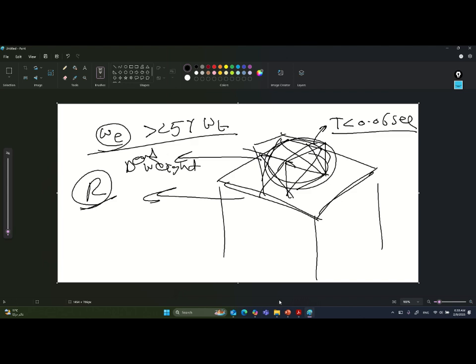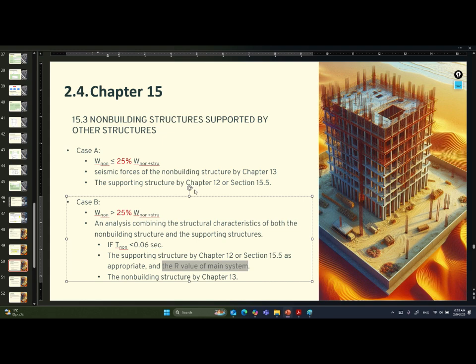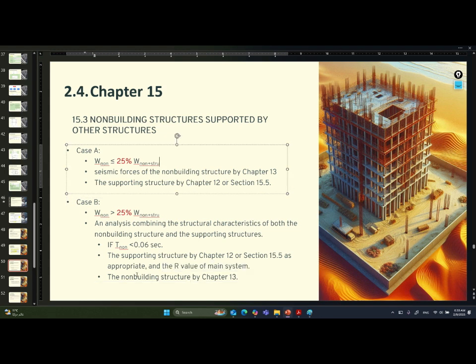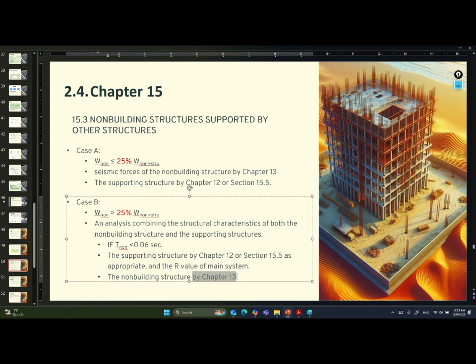That is the design of the building. However, the design for the non-building structures shall be chapter 13. So even though the W is more than 25%, but it is very rigid, you go to chapter 13.